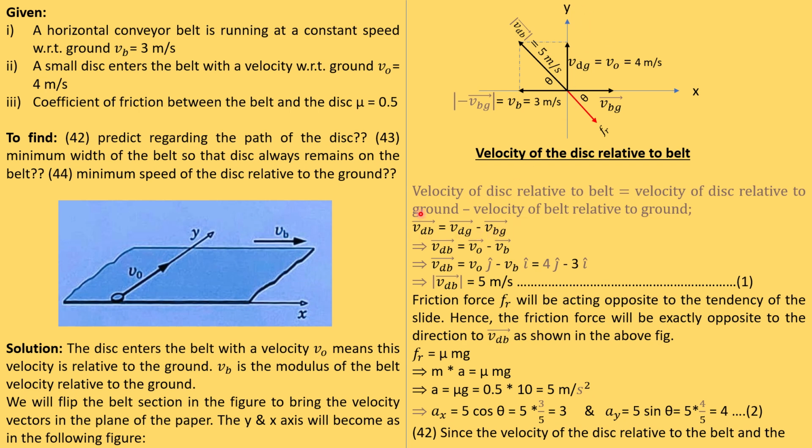From this equation, vector Vdg minus Vbg: Vbg is in this direction, so minus Vbg will be equal and opposite in this direction. And Vdg is here. So the resultant velocity from the parallelogram will be in this direction. That is velocity of disc relative to the belt.